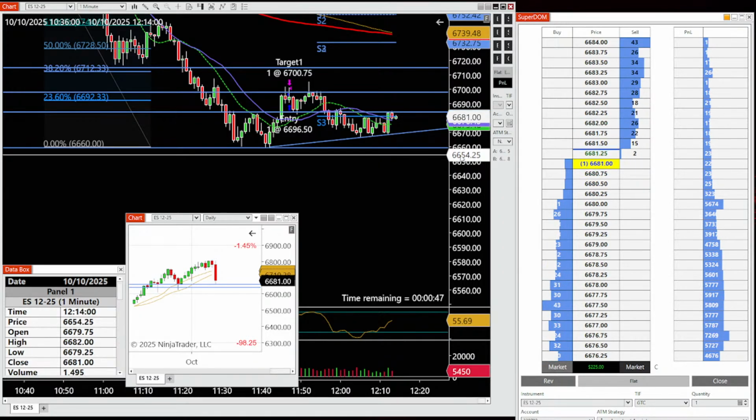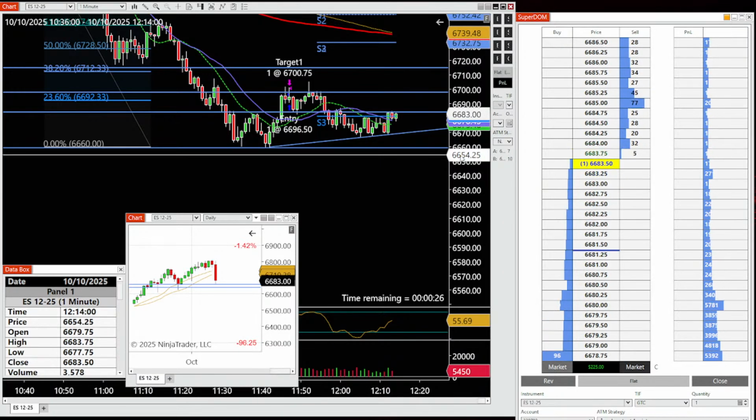Over and under S3. Still not a pop. Still selling off.